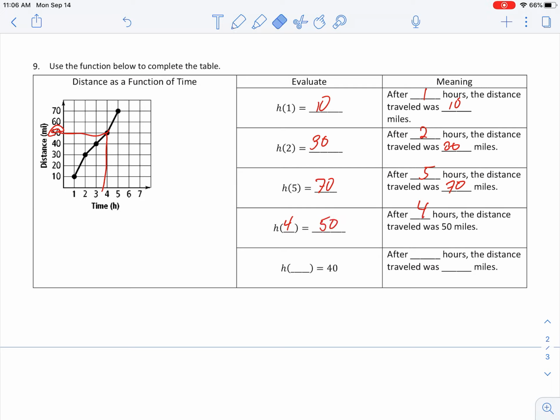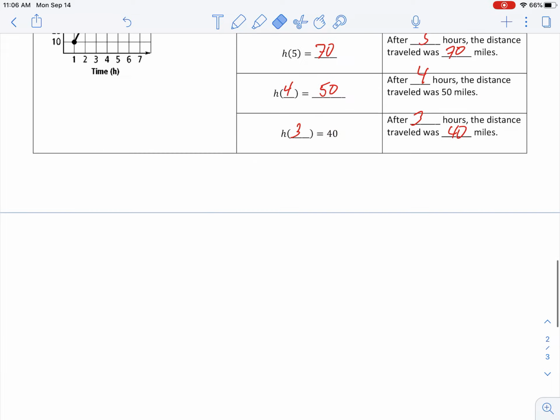And then this is my range, the dependent, okay? The distance is dependent on the time traveled. Same thing on this one. Now here, I was given the output, the range at 40. So, which is right there. So that means it was 3 hours. After 3 hours, I traveled 40 miles.